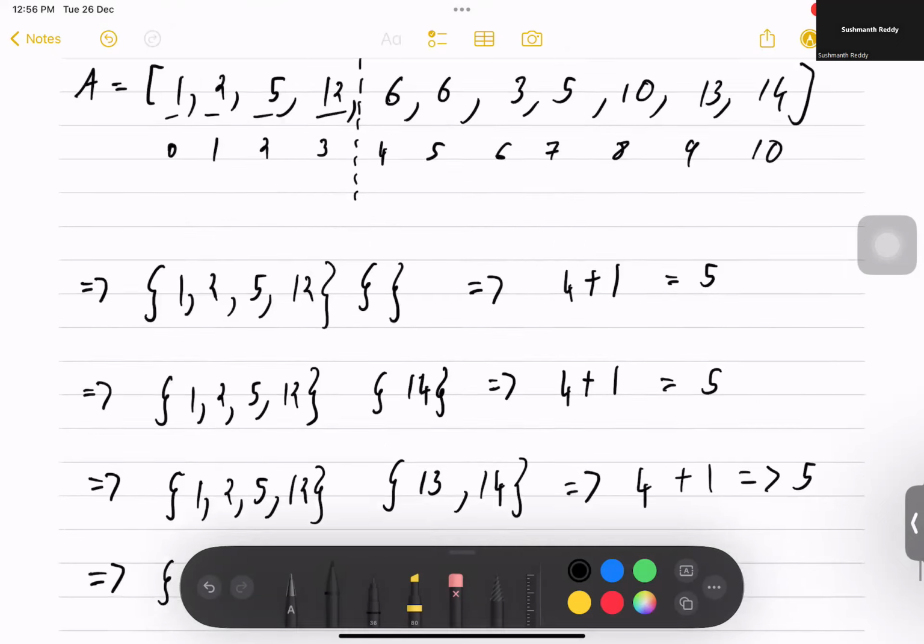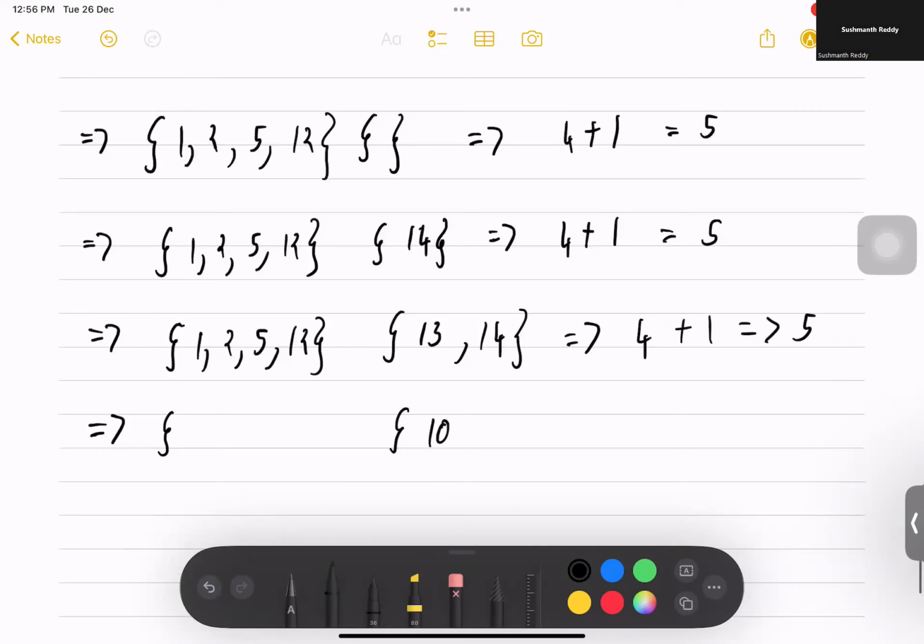Now for the suffix 10, 13 and 14, we can see that the suffix starting point is 10. So we can't pick prefix 1, 2, 5 and 12. Why? Because if we pick 1, 2, 5 and 12, when we merge them, 12 is greater than 10. So that is why we can't pick 1, 2, 5 and 12. So the longest prefix which will satisfy the conditions would be 1, 2 and 5.